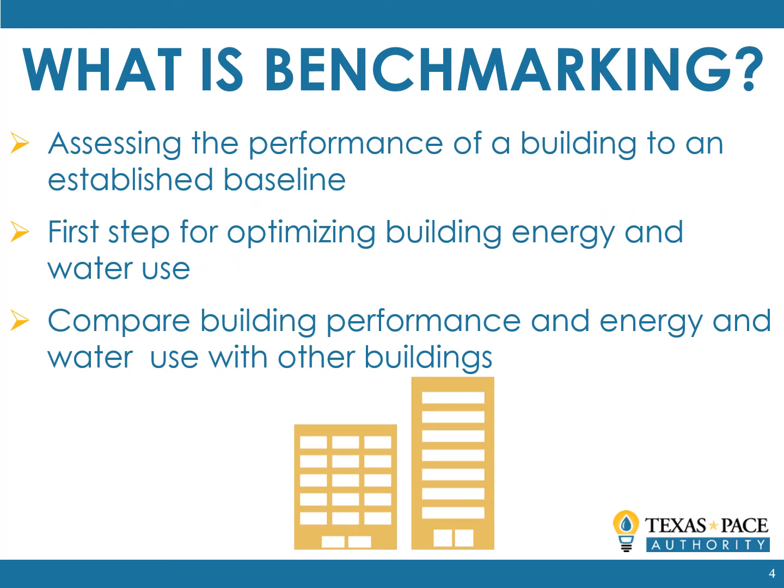One way of tracking facility performance is through benchmarking. Benchmarking is a process of accounting for and measuring your building's performance to an established baseline. Such a baseline is comprised of data of other similar buildings, for example, office buildings compared with office buildings and hotels compared with hotels, determined by building usage and type.